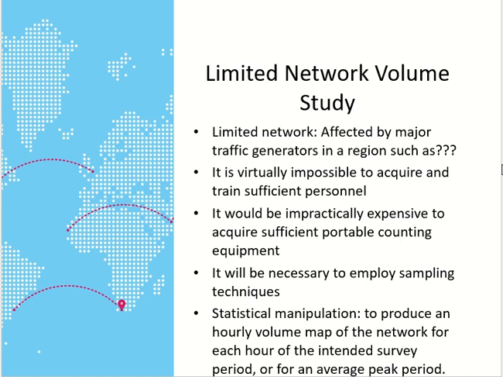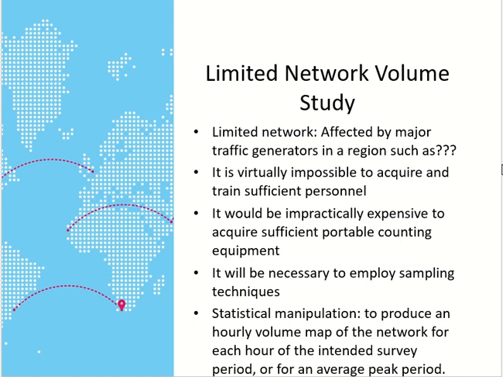Now it is almost impossible to collect full data for all roads and intersections of a network, because you need a lot of people, lot of money, lot of time, and lot of sensors and everything.